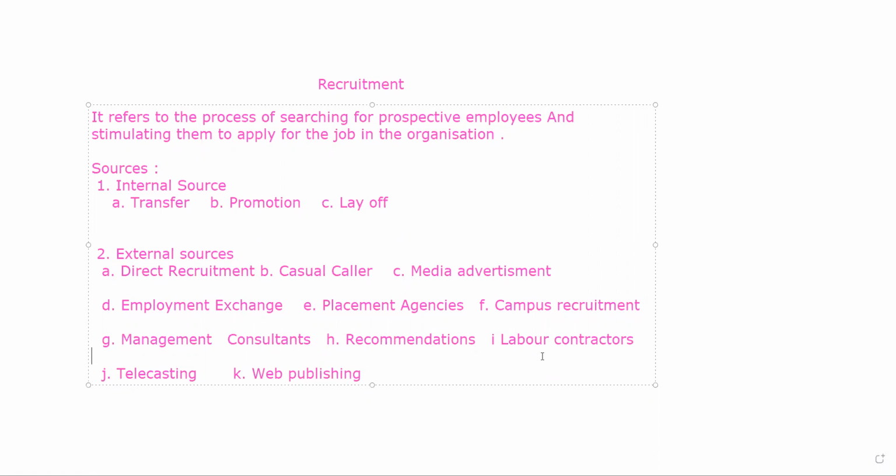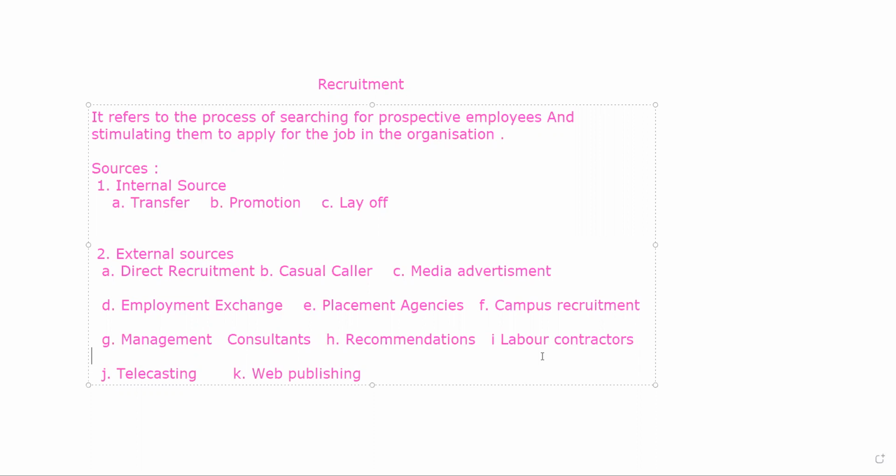Media advertising. Media advertising is a way to find employees from outside the organization. Many times you have seen job vacancy advertisements in the newspaper also.